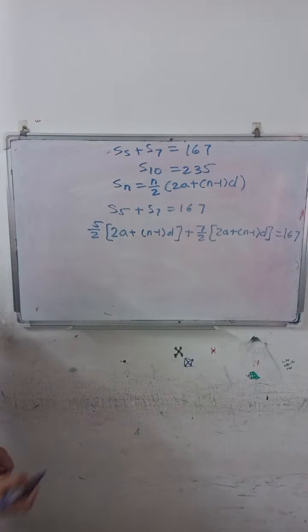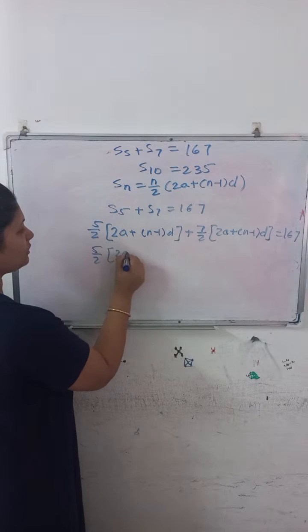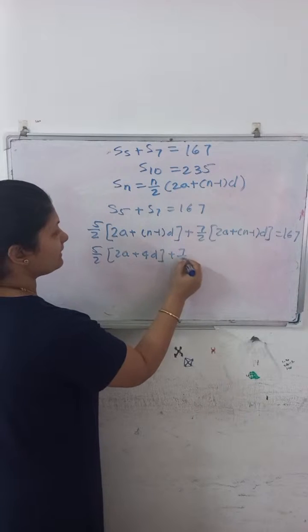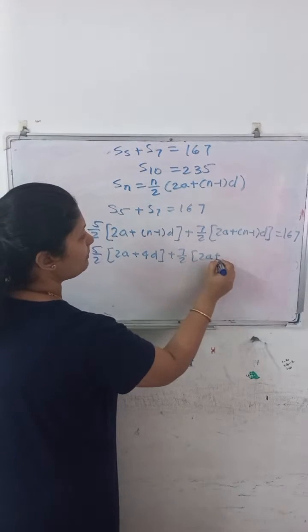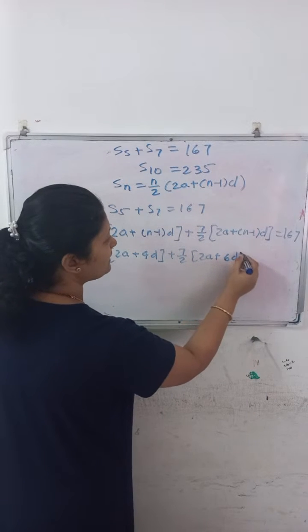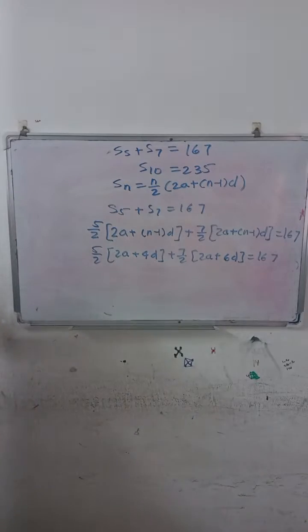Yes, we can put the values here also. So 5 by 2 into 2a plus 5 minus 1 is 4d, plus 7 by 2 into 2a plus 7 minus 1 is 6d, is equal to 167. Okay, we can simplify again further.